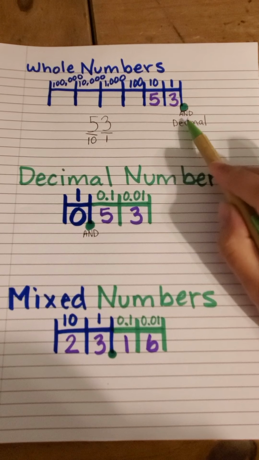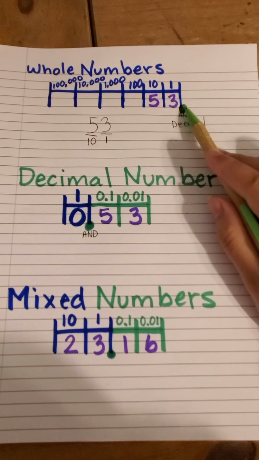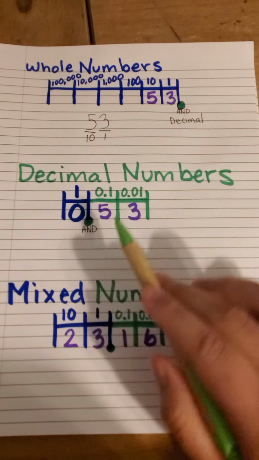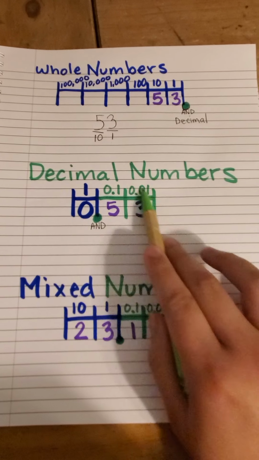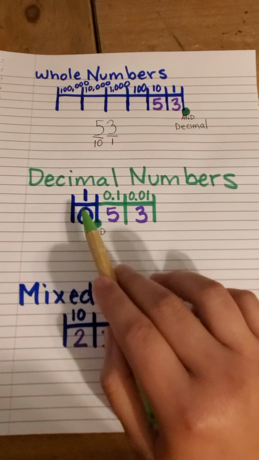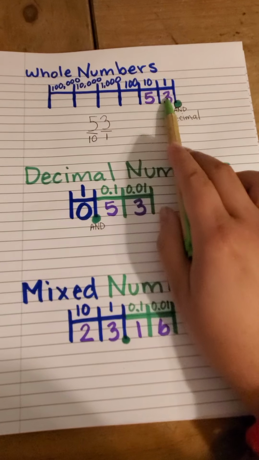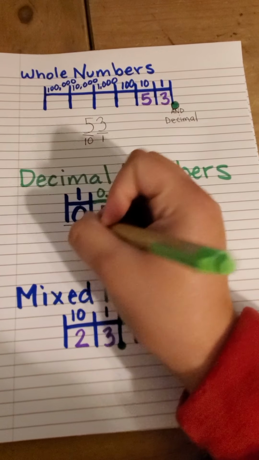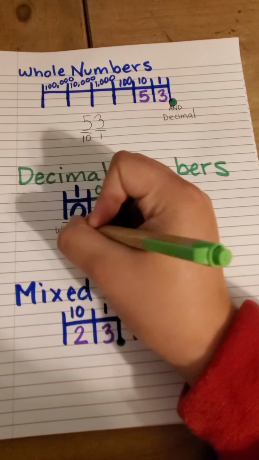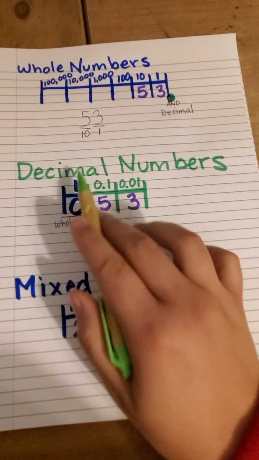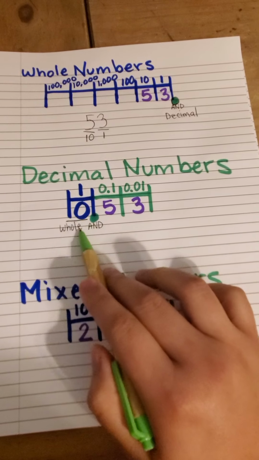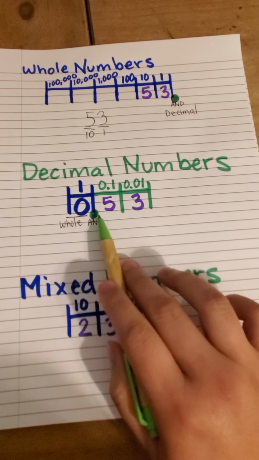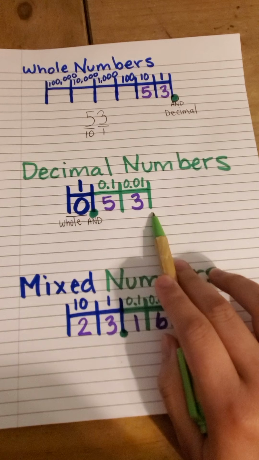When we read that decimal, we say the word and. For example, let's look at this decimal number here. I have 0 wholes because if you see it, that's my ones place. So here I have my whole number. Since I'm talking about decimals, I made that number a 0. So now I'm going to look at what my decimal numbers are.